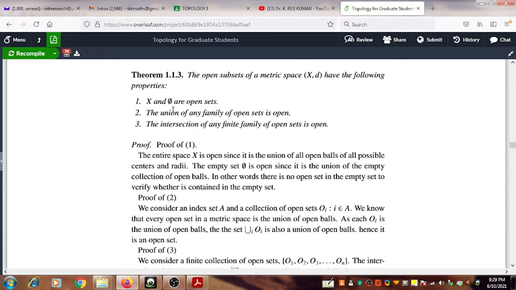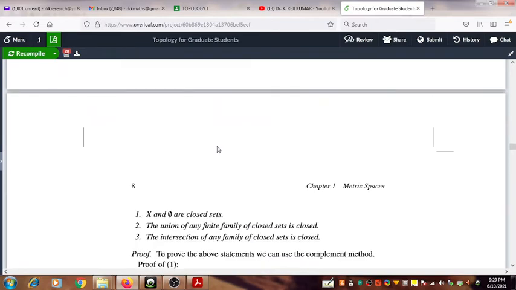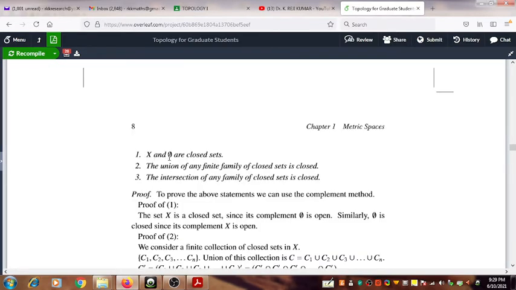You can go through the first statement. Let us consider the closed subsets of a metric space (X, d). We have the following properties. The first statement says that X and the null set are closed sets.